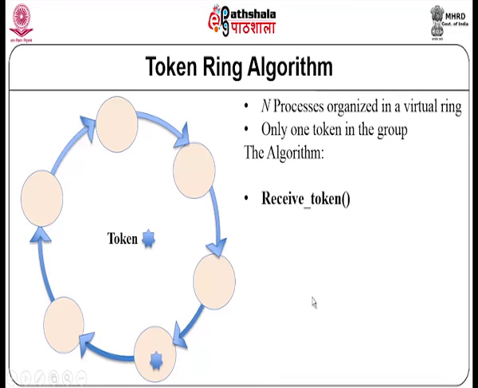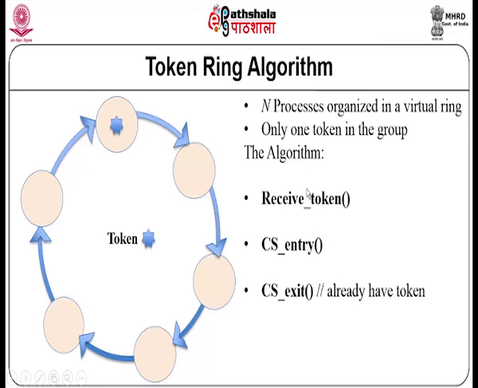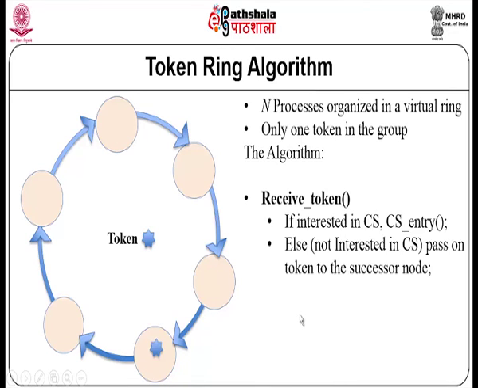So, let us look at the algorithm. The algorithm has three functions: one is called receive token, the second is called CS entry, and the third is called CS exit. On receiving a token, a process will execute CS entry if it is interested in entering the CS, otherwise it will simply pass the token.